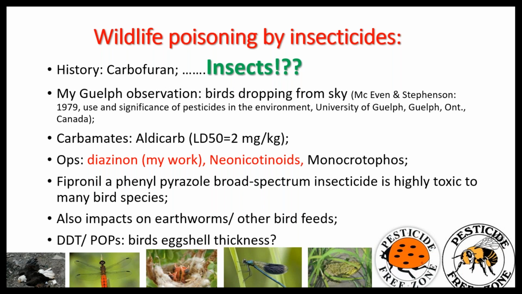Diazinon, that I worked on for many years, neonicotinoids, and OPs, which are organophosphorus insecticides. This is the sign for organophosphorus insecticides that we use. Fipronil is again a concern, and there are also some big effects on earthworms, and DDT and POPs that are still around.